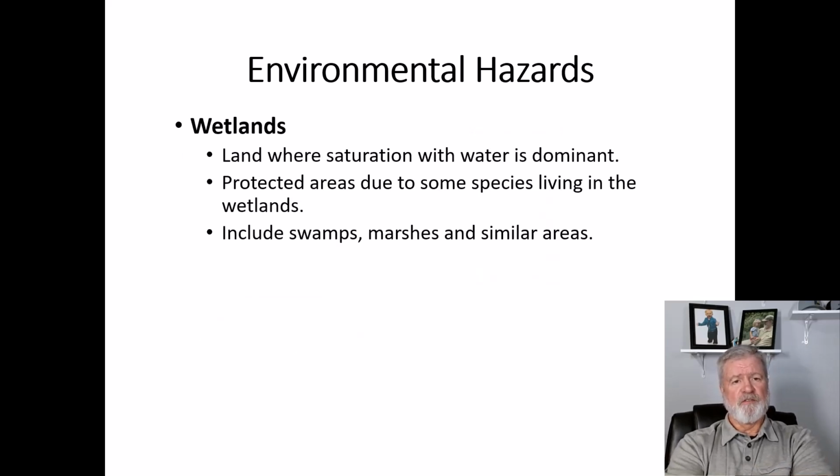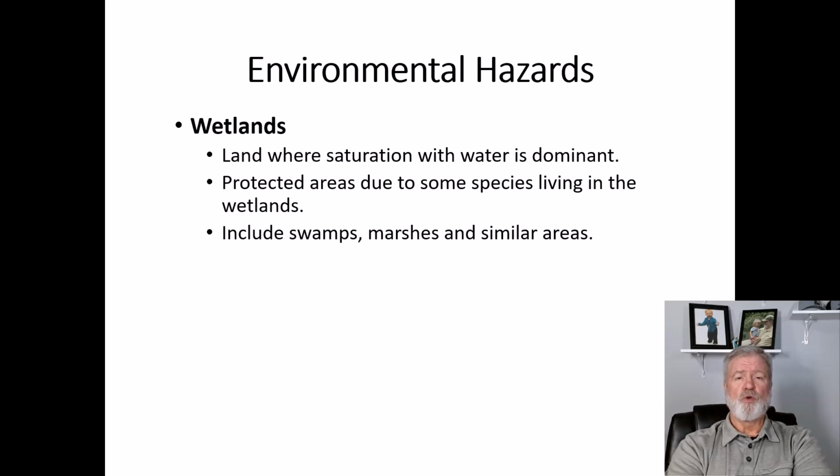Wetlands, another environmental hazard. Wetlands are typically protected areas. Okay, you could have certain different types of species, animals that live in these wetland areas, and if you go in there and mess up the environment or the wetlands, if you will, you could endanger some of these species that we're trying to protect.